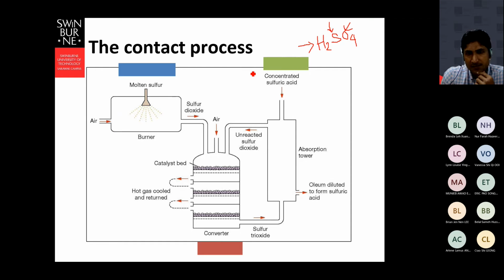We can find oxygen and hydrogen from the air, but we start from the molten sulfur. The sulfur that we find from mining, we take it out and melt it, and the molten sulfur is sprinkled from the top.